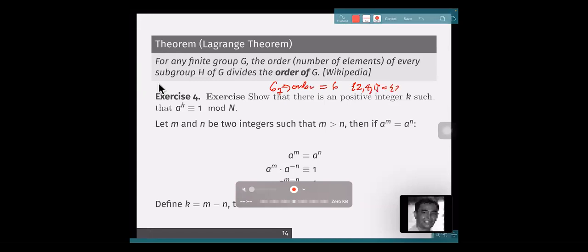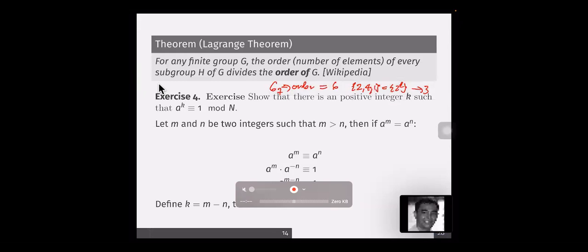Now, earlier I showed you that the subgroup generated by 2 raised to the k has 3 elements, di ba? So you can see that 6 is divisible by 3. So that's what this theorem is saying.